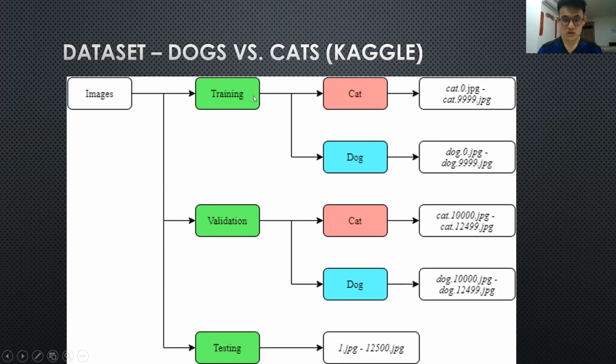This is the folder structure once again. We have training and then cats. These are the labels assigned to each image, from cat.0.jpg to cat.9999.jpg. So it follows this.